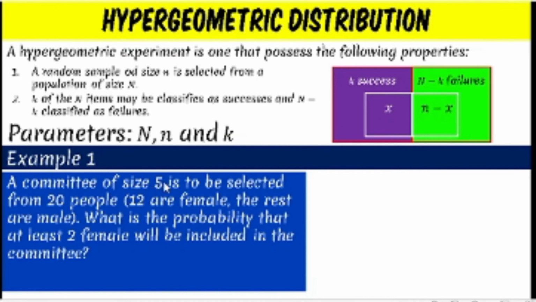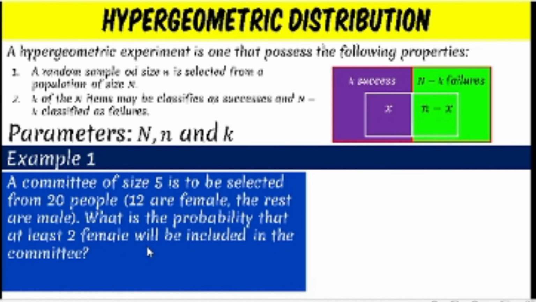So it is possible that those 5 are all male or all female or a combination of male and female. So that is our sample size. The question is, what is the probability that at least 2 of those 5 individuals that we will be identifying from the population are female?